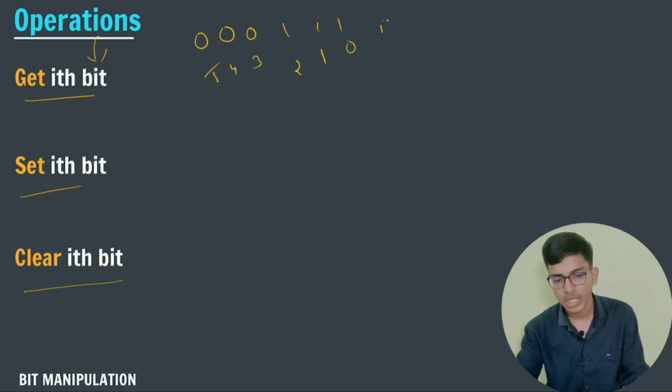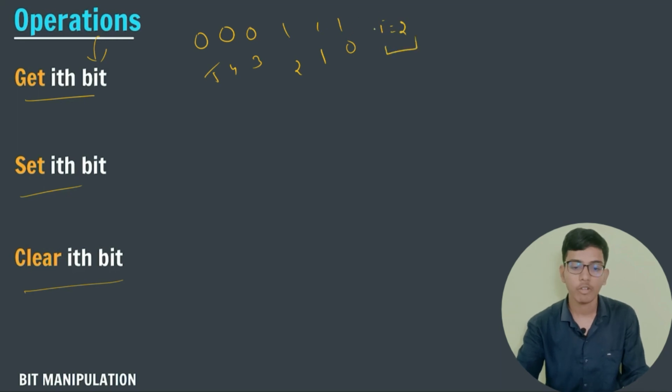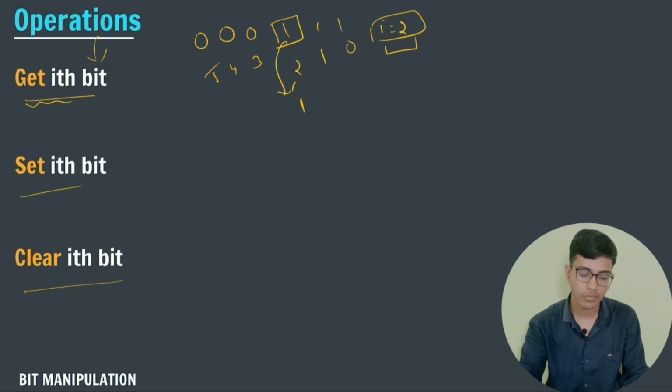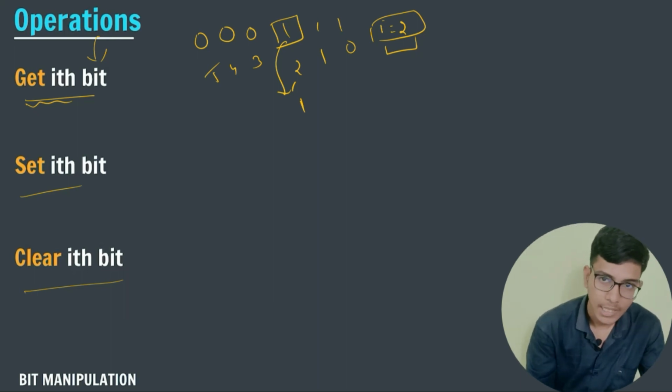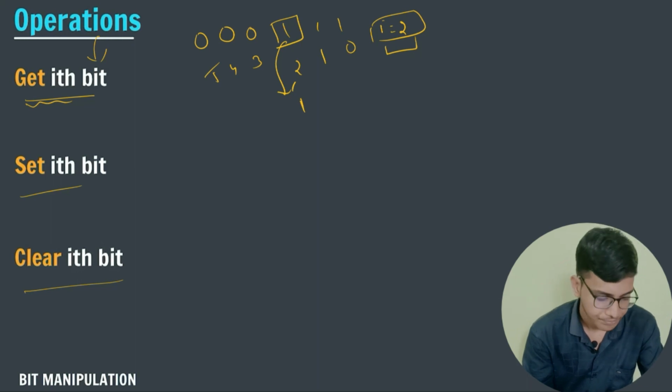Suppose I want to get the value which is present at my second index, that is, if I want to print the second index bit, that is 1, to my user, then I will use the get ith bit function. So what is the logic for the get ith bit function? The logic here is we will use the same thing, bitwise and.